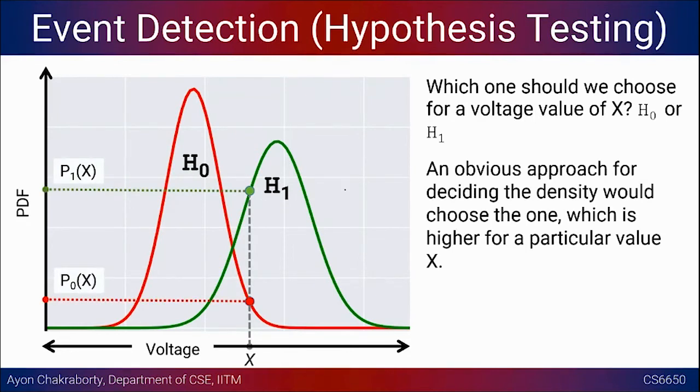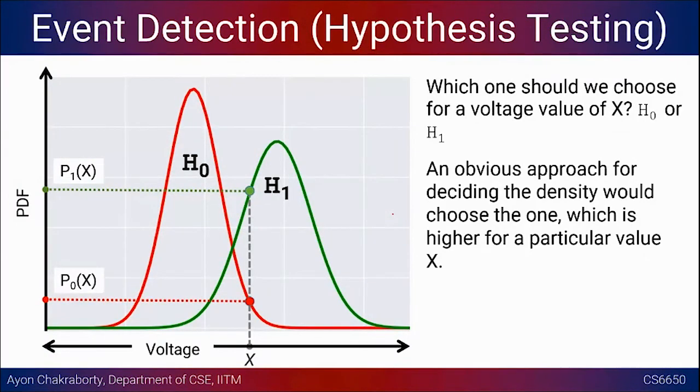So wherever we stopped was basically trying to identify which distribution to work with. One of the obvious approaches that I was talking about is to find out the value of the likelihood, by plugging in the value of X, whether it is going to be P0(X) and P1(X), and based on their values we can choose that particular distribution.